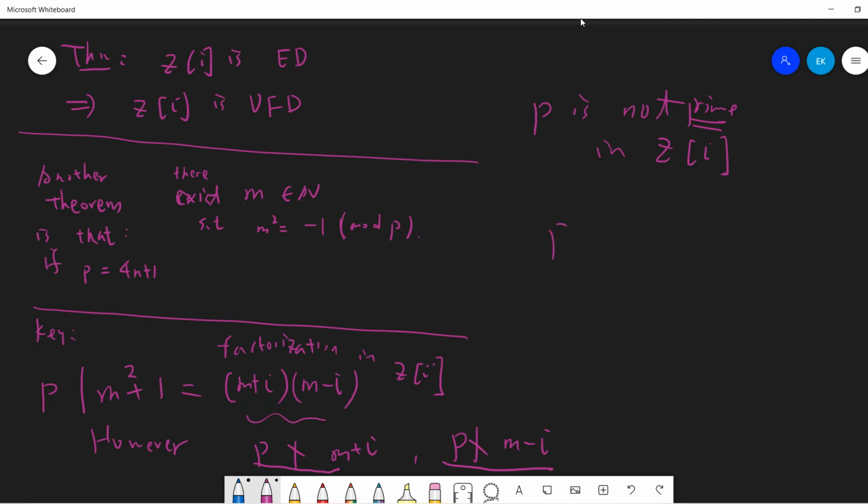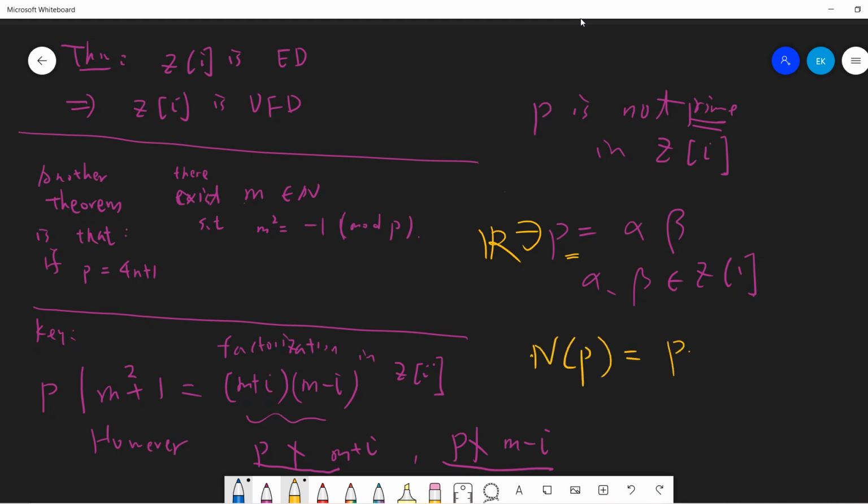Okay, then p can be written as a product alpha times beta in Z[i], right? However, since p is a real number, n of p is p squared, which equals n of alpha times n of beta.